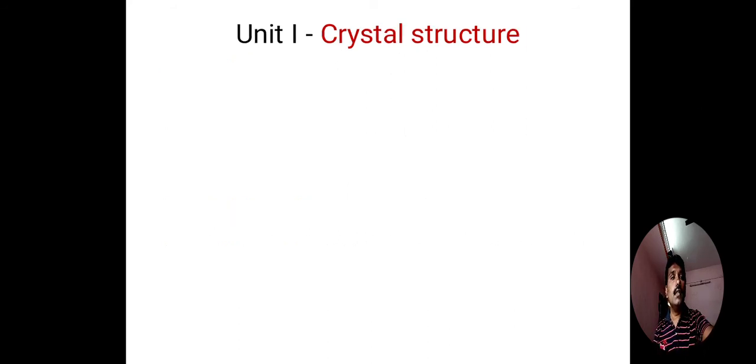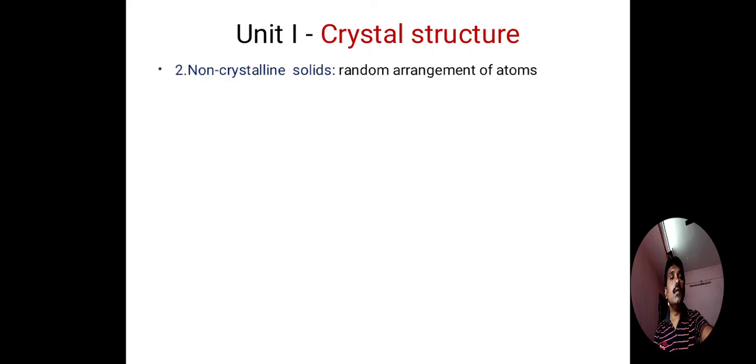Now, crystalline solids, as we have seen, contain two parts. The other part is called non-crystalline solids. In crystalline solids we have seen a periodic and regular arrangement, but in non-crystalline solids it is the opposite. The atom arrangement is not regular or periodic, it is random.